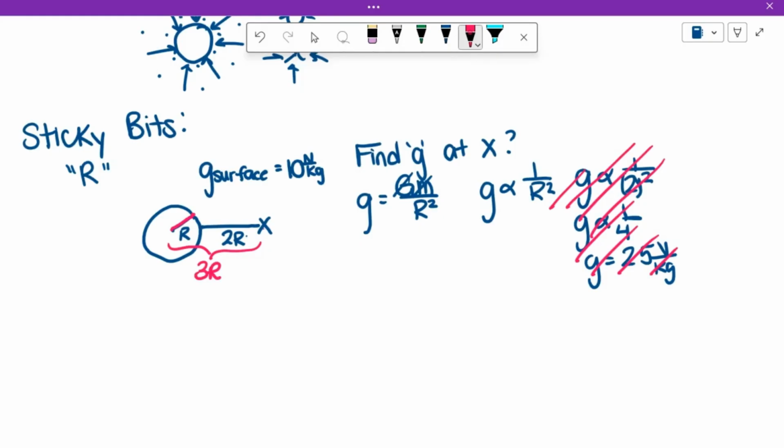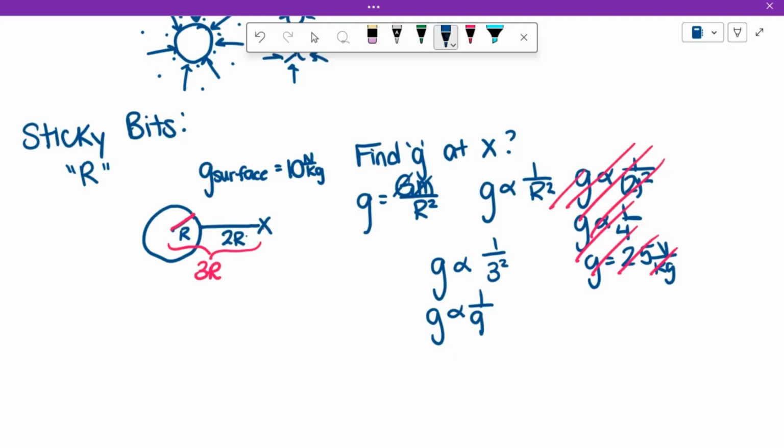At X, we're at a distance of 3R from the center. So we haven't doubled R, we've actually tripled R. Instead of plugging in a 2, I need to plug in a 3, which means g, instead of changing by a factor of 1/4, changes by a factor of 1/9.